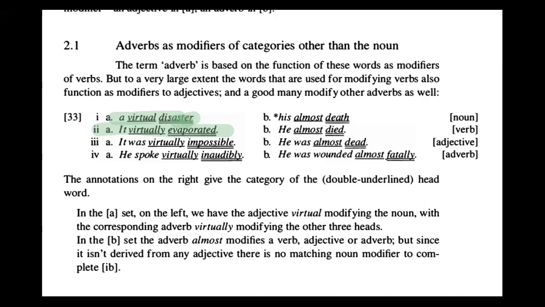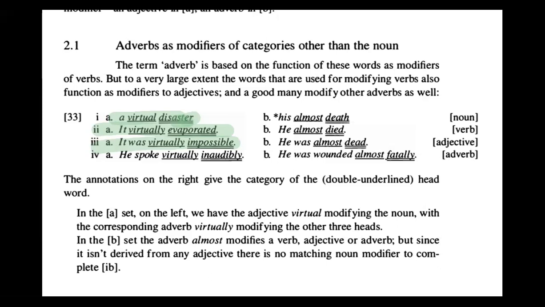Okay? So here virtually is an adverb. Now let's continue. It was virtually impossible. Here, disaster, we mentioned that this is a noun. Virtual is an adjective in the first one.